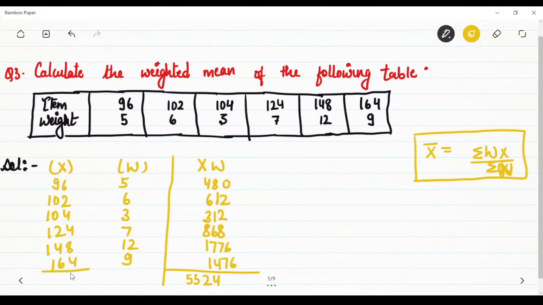So let us put the values in the formula. Sigma Wx is 5524. We need to divide it by sigma of weights, that is 42. Now what is the value? When we simplify this fraction, we get 131.52 as the value of the weighted mean. So this is the value of our weighted mean.